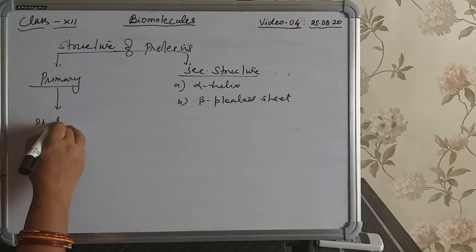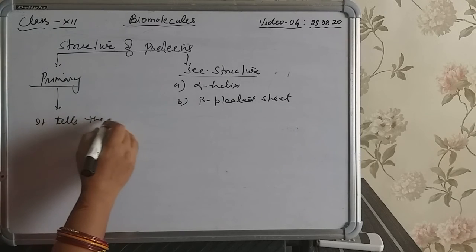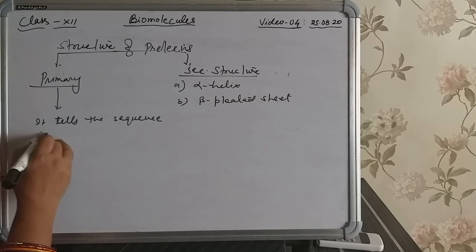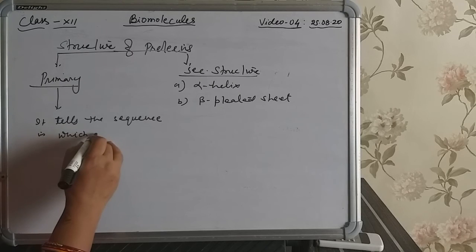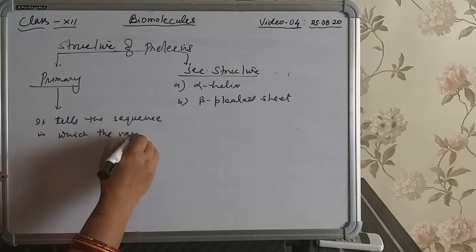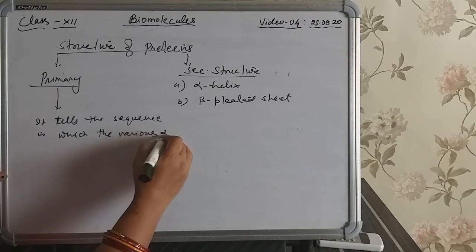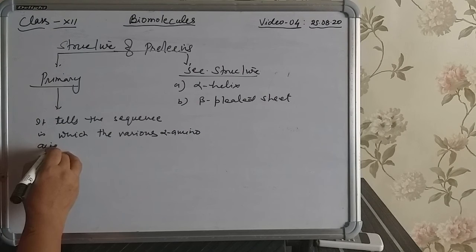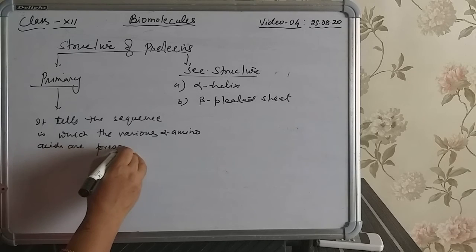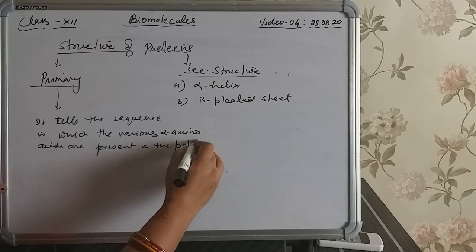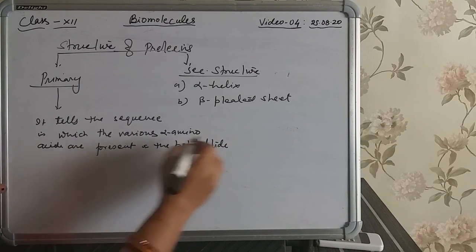The primary structure tells the sequence in which various alpha amino acids are present in the polypeptide chain.